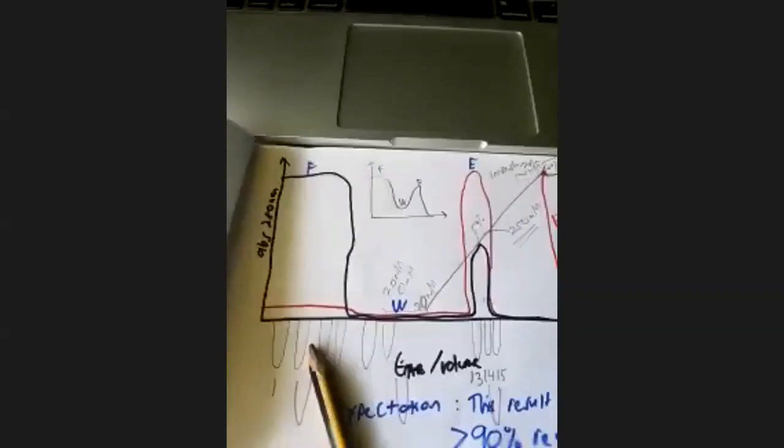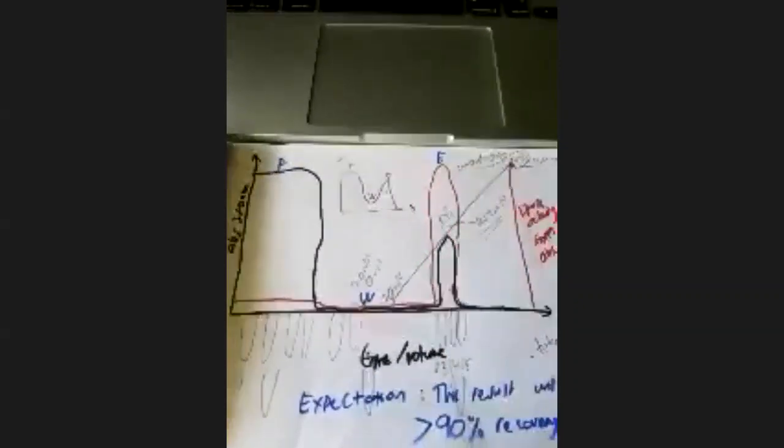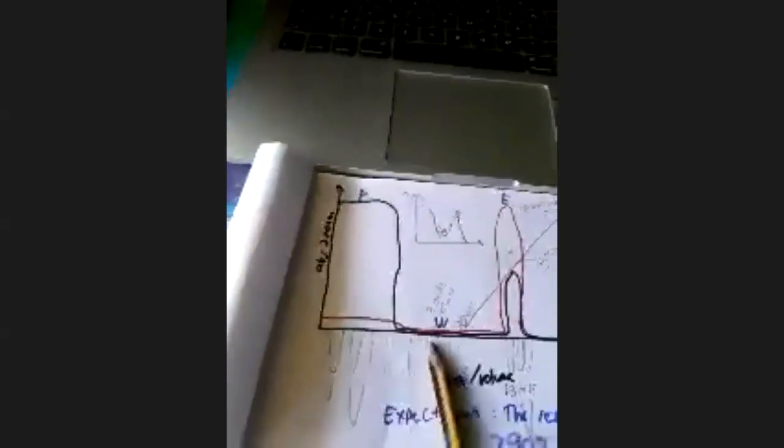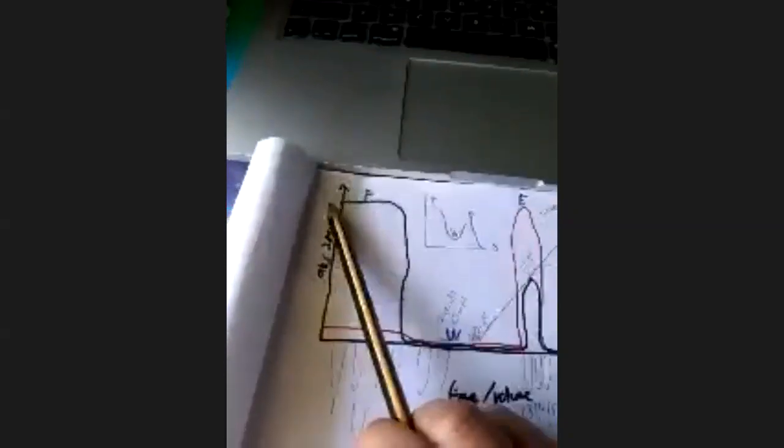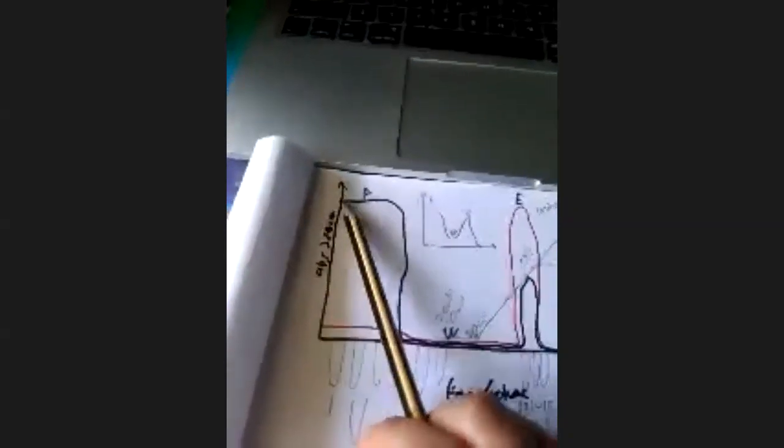Okay, so in real life, we should have many tubes at the bottom of the column to collect all the solution coming out from the column. When you start applying your sample, you start to collect the flow through. The flow through is not supposed to be only one tube.